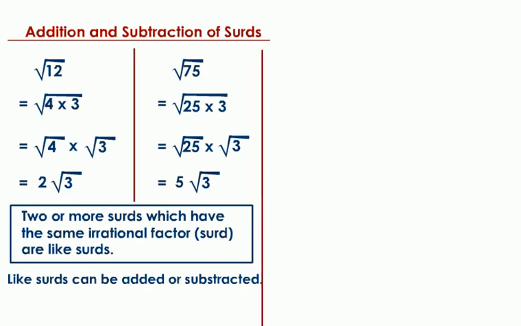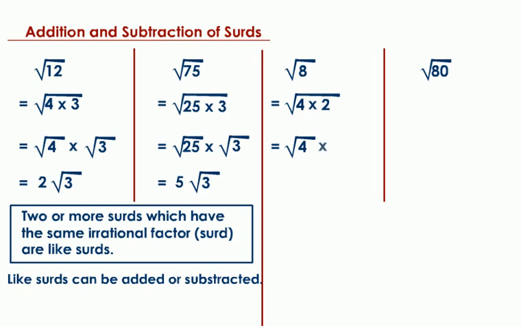Consider the two surds √8 and √80. Here, √8 is equal to √(4 into 2), that is √4 into √2. This gives us 2√2. And √80 is equal to √(16 into 5).